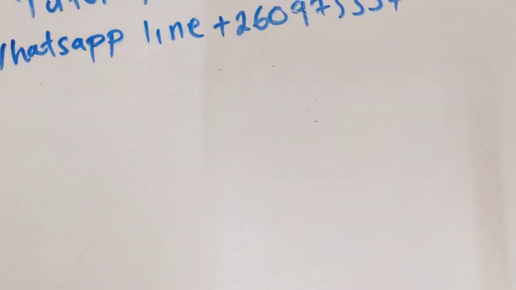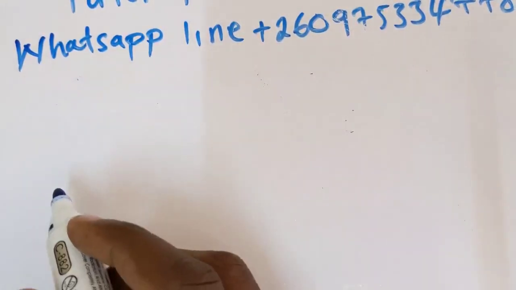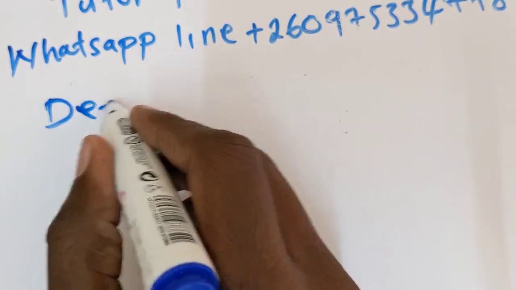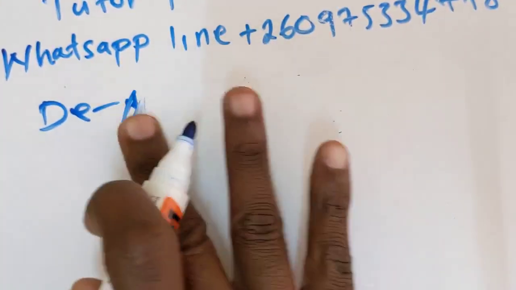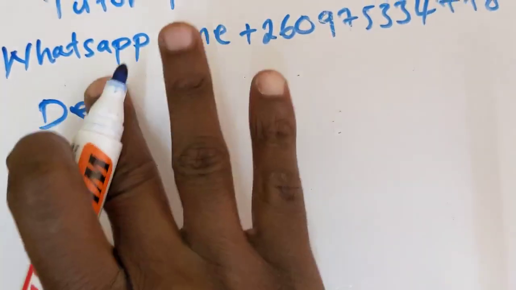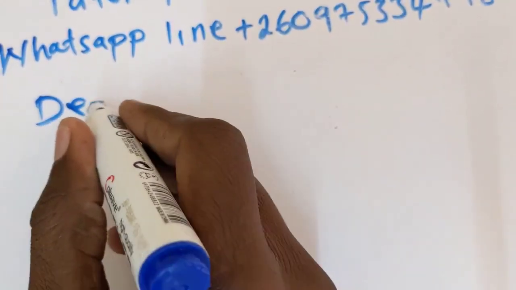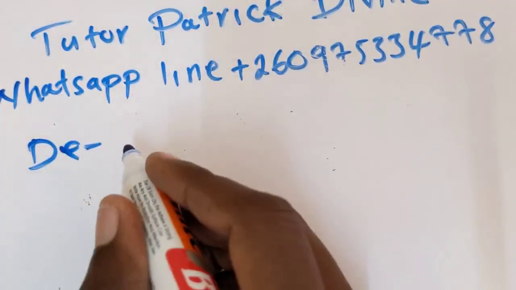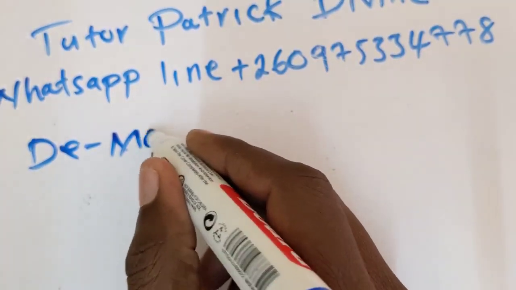So this is what we call De Morgan's law. This one came from De Morgan's law. I don't want to just solve this question, but I want to solve all those expressions that are on De Morgan's law, so that you are able to understand everything.